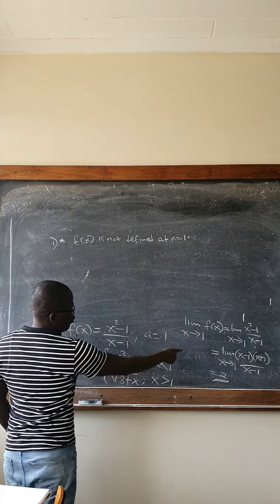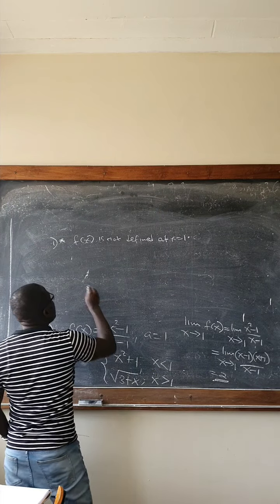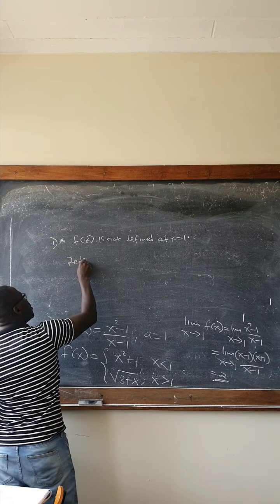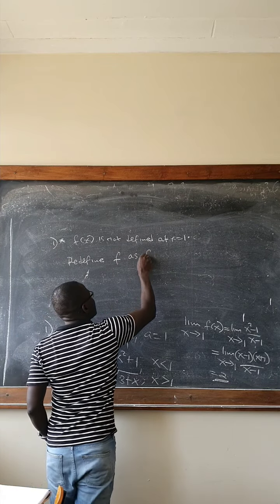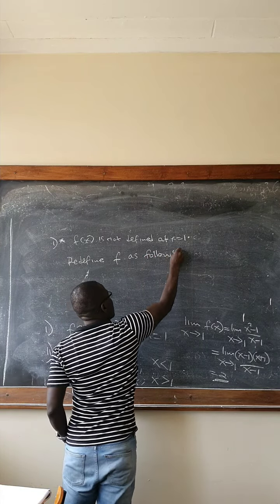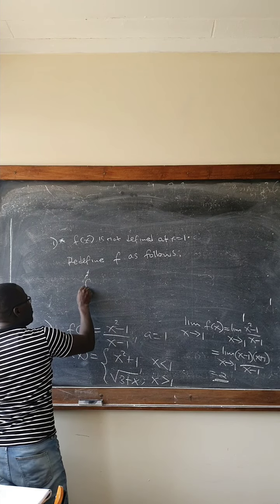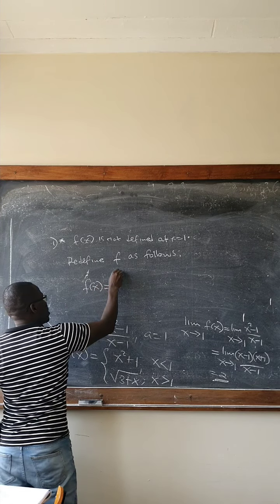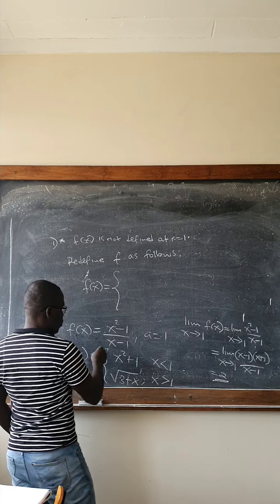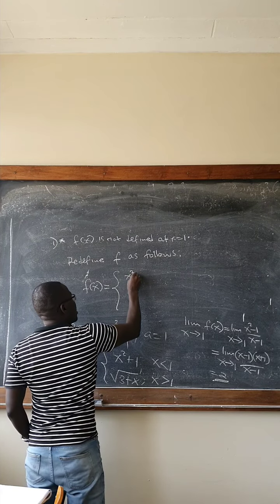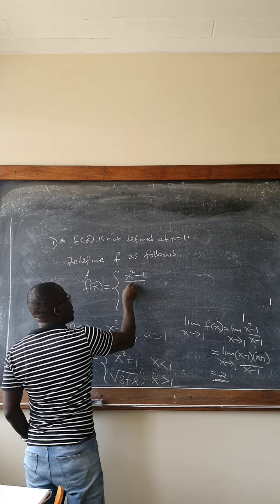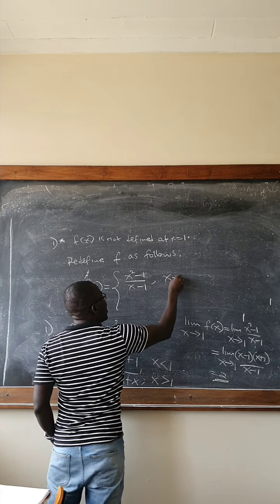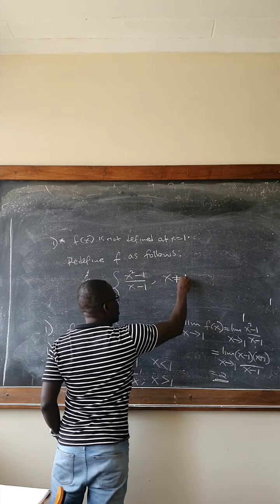Because when we do this, but we have already found that the limit is 2, so we can redefine f as follows. So you say that f of x is like this. It's going to be x squared minus 1 divided by x minus 1 for x not equal to 1.